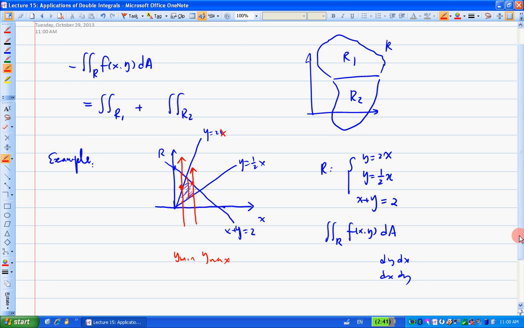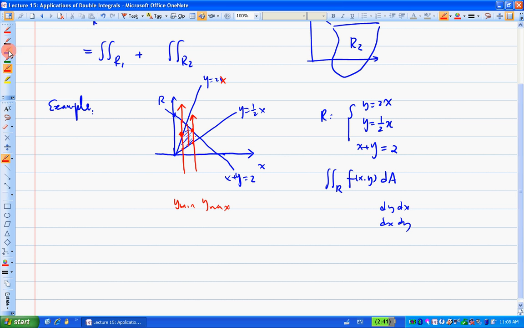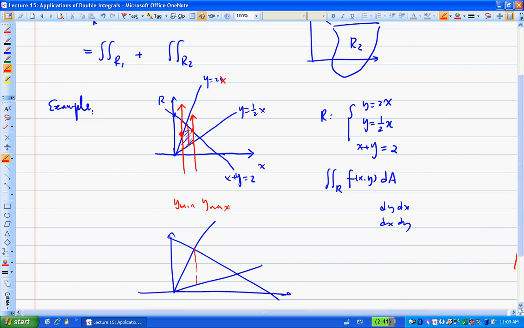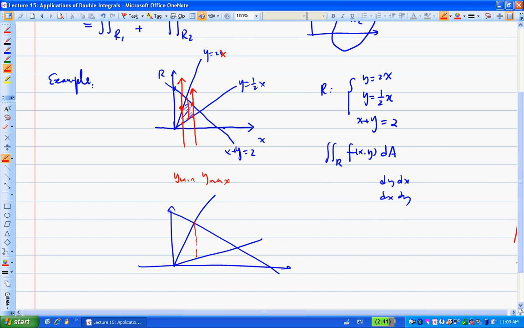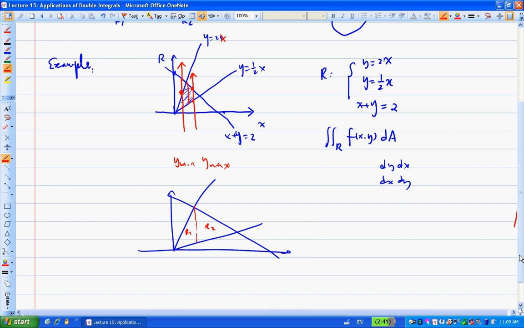So maybe I'll draw a bigger one in here. Okay, so we're going to separate this whole thing here. And this is going to be R1, this is going to be R2, right? R1, R2.